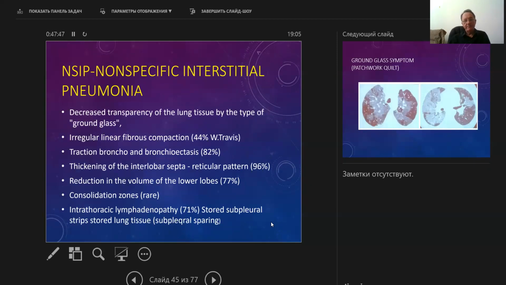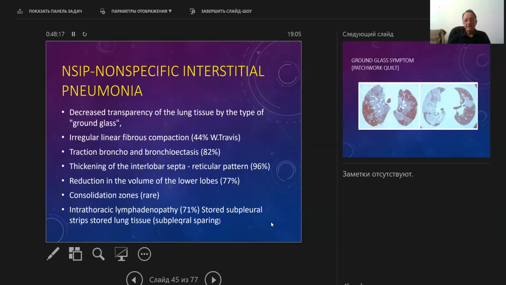And the main radiological signs: it's ground glass opacity, its prevalence over the reticular abnormalities. Decreased transparency of the lung tissue of the ground glass opacity type, irregular linear fibrosis, compaction, traction bronchiectasis.